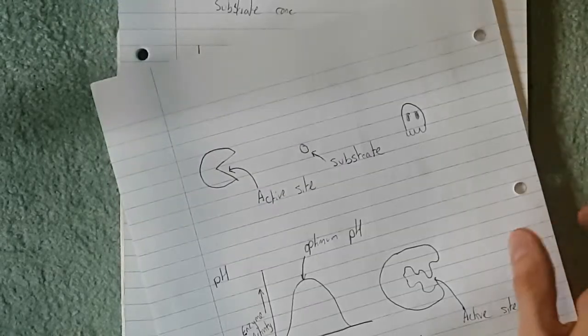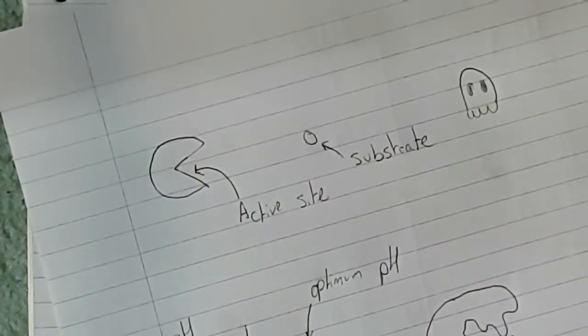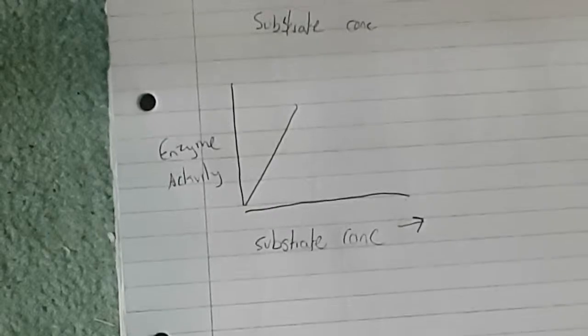So the reaction's going to go faster because it's much more likely for our substrate, going back to our Pac-Man here, to actually meet with the active site to form what's called an enzyme substrate complex. I'll spell that once I sort my camera out. There we go.